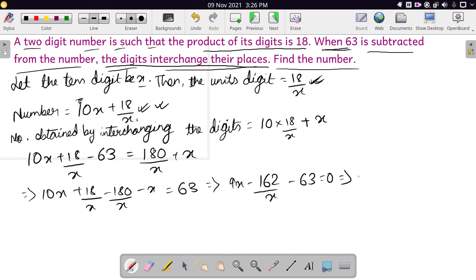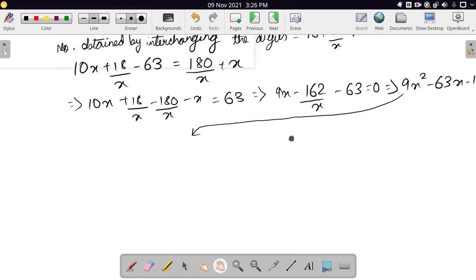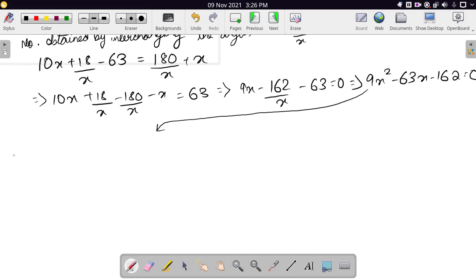This is in turn equal to 9x square minus 63x minus 162 is equal to 0. So from here this is equal to x square minus 7x minus 18 is equal to 0. We basically divided the entire thing by 9 to make our calculation simpler.